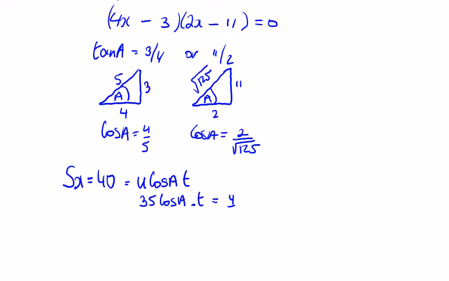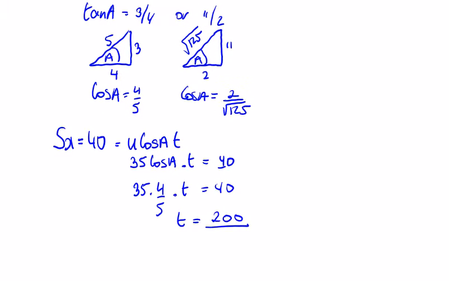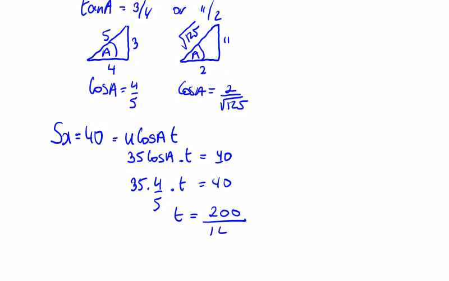I'm thinking of the cos of the angle, 40. So that's going to be t is equal to 5 40s, which is 200, divided by 35 fours, which is 140. So 20 over 14 is going to be 10 over 7 seconds.